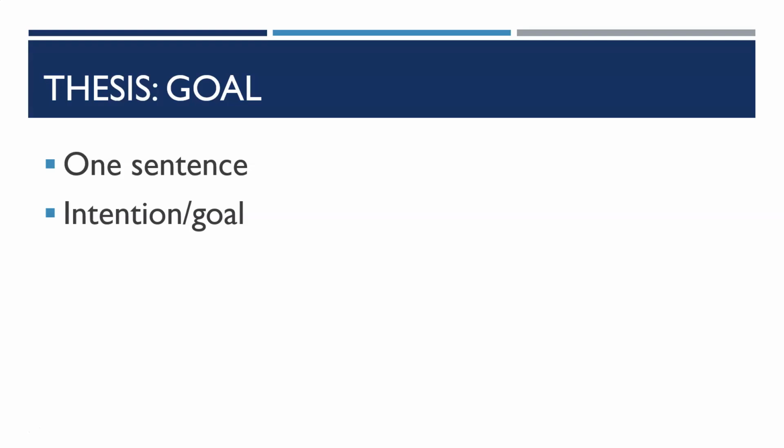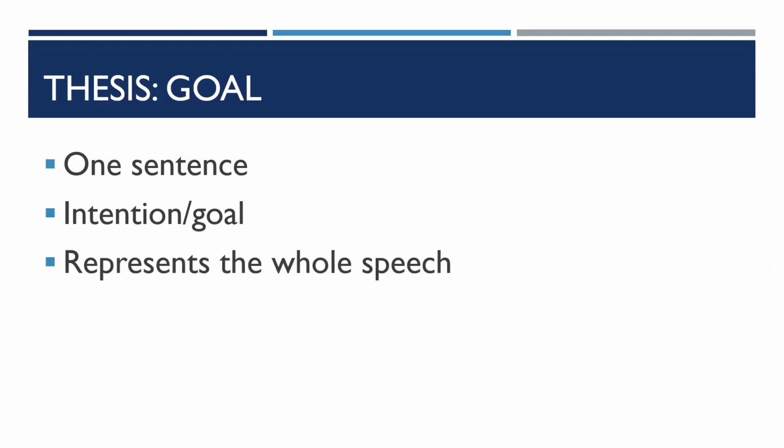Or today, you're going to learn the things that you can do to maintain and extend the life of your automobile, right? There's a goal in there. It should represent the whole speech. Your thesis statement, if it is about the 3 necessary elements of a weight loss exercise regimen, should not be just the first main point of your speech, if the second main point is about diet.